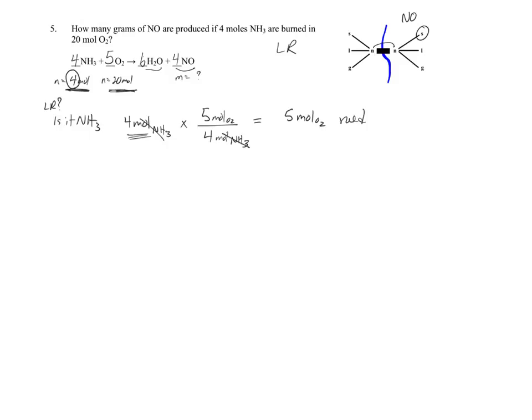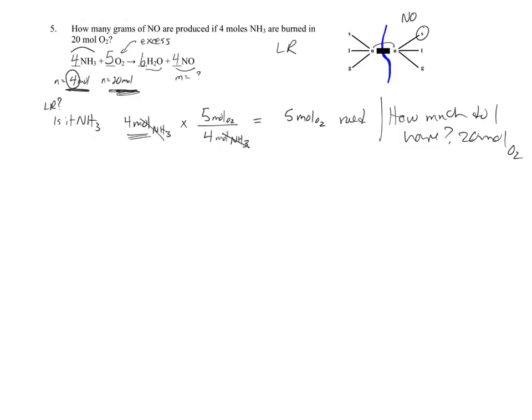But then I ask myself, well, how much do I have? And I look up here and it says I've got 20 moles. So I've got 20 moles of oxygen. That's tons. So this one here will be my excess reactant.